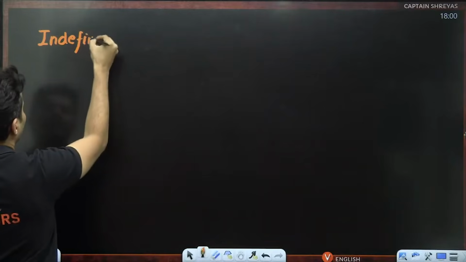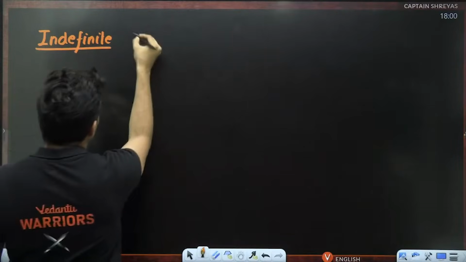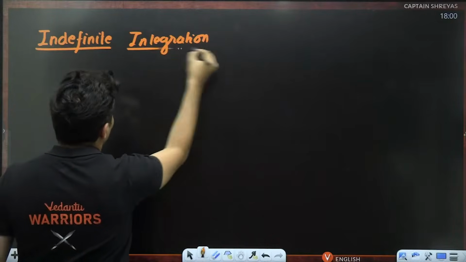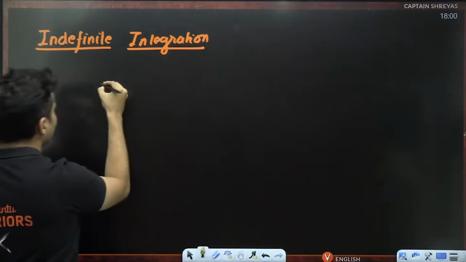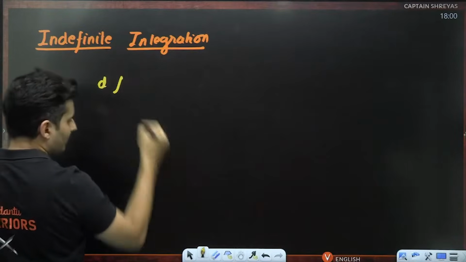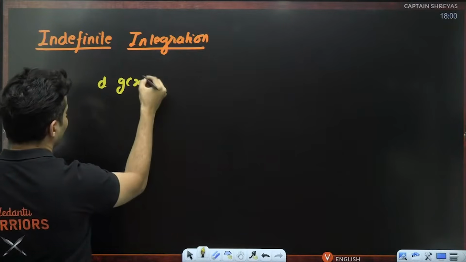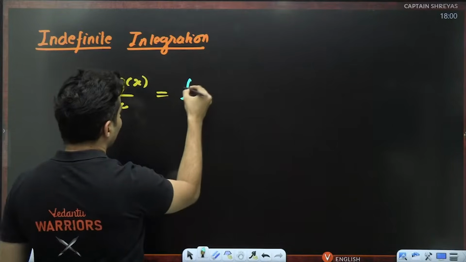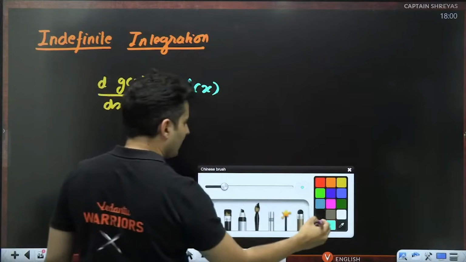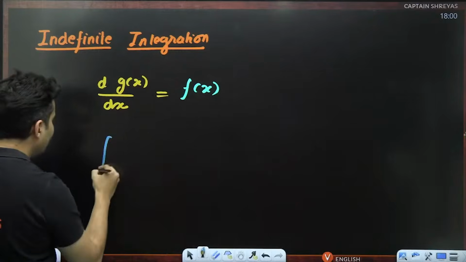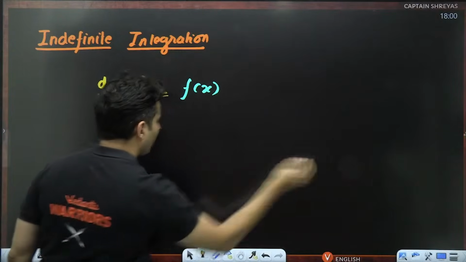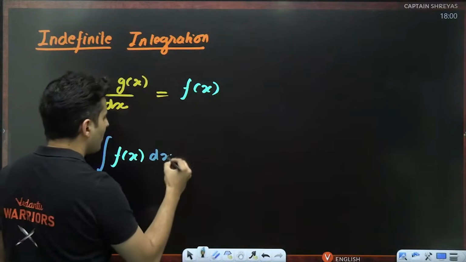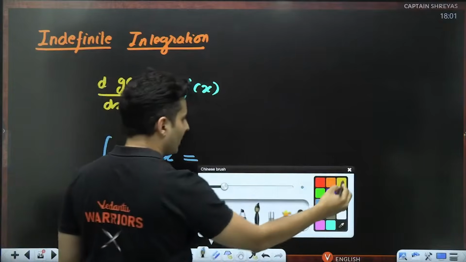So indefinite integration means that if the derivative of some function with respect to x gives me f of x, then it also means that if I integrate that function with respect to x, I will get back that original function.